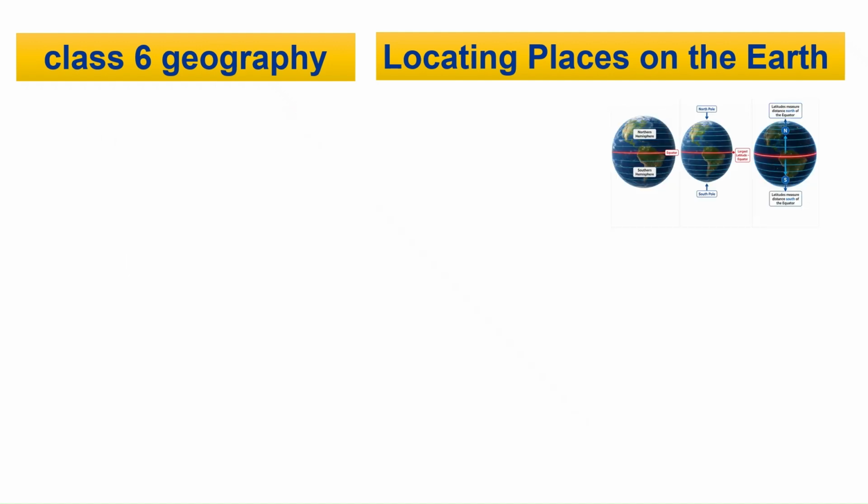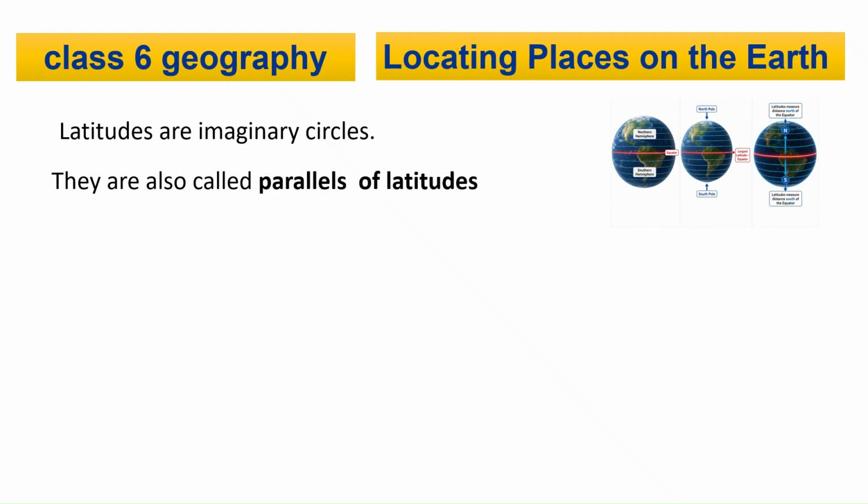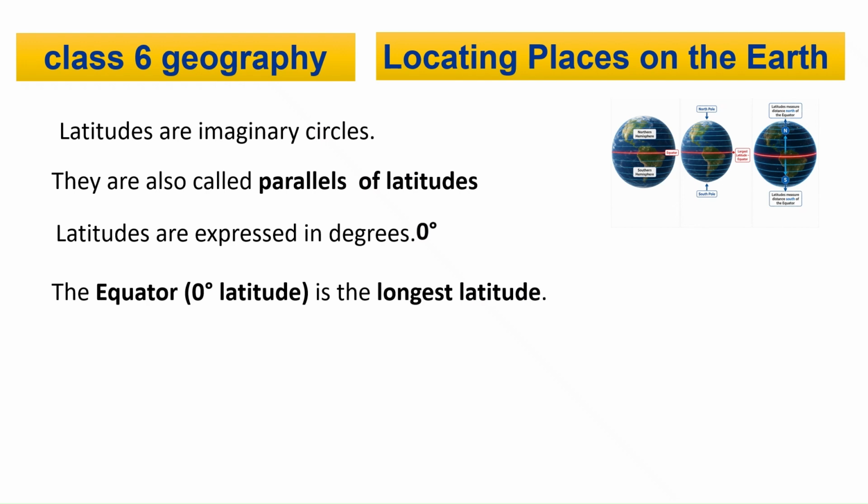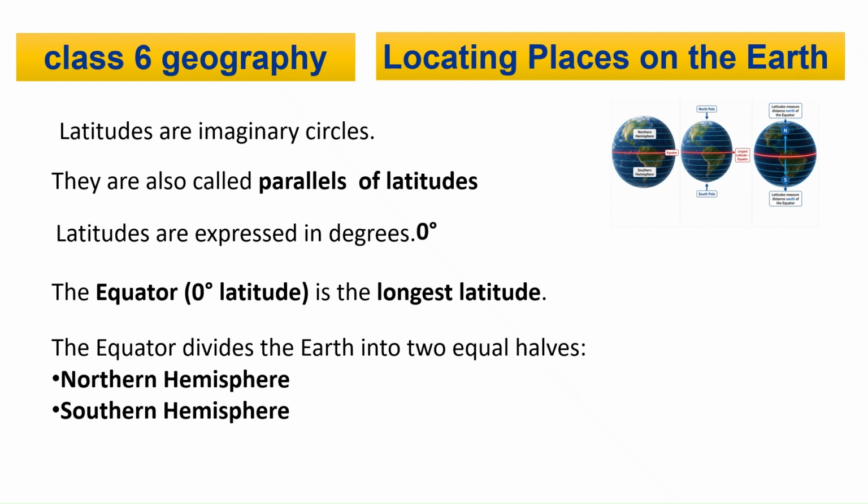Let's summarize the main important points. Latitudes are imaginary circles. They are also called parallels of latitude. Latitudes are expressed in degrees. The equator is the longest latitude, 0 degree latitude. The equator divides the earth into two equal halves, the northern hemisphere and the southern hemisphere.